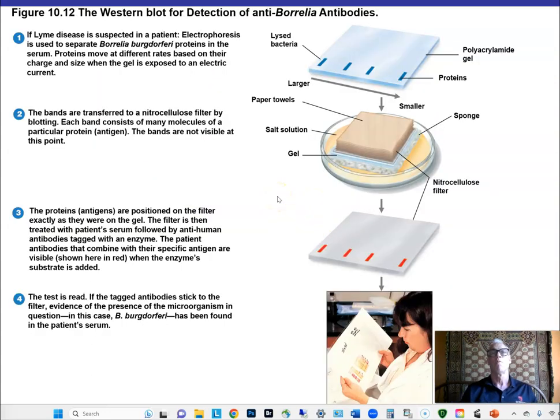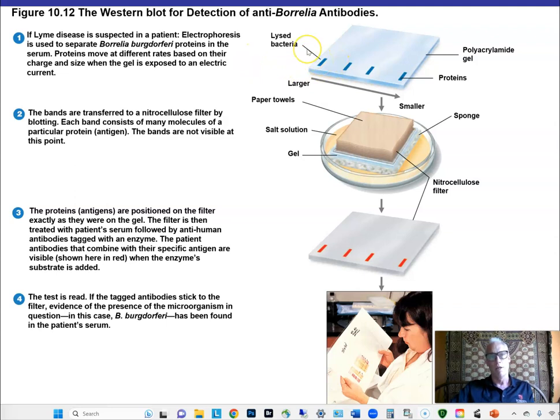Here's another test, a Western blot, used in this example for testing for Borrelia antibodies against the bacteria that causes Lyme disease, but it's also a standard test for HIV infection. And so what you do is you take all the antigens from Borrelia and separate them by electrophoresis.